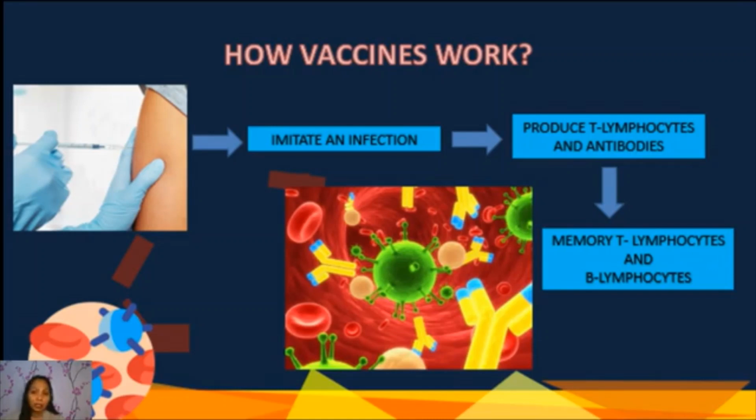Therefore, it is possible that a person infected with a disease just before or just after vaccination could develop symptoms and get the disease because the vaccine has not had enough time to provide protection.